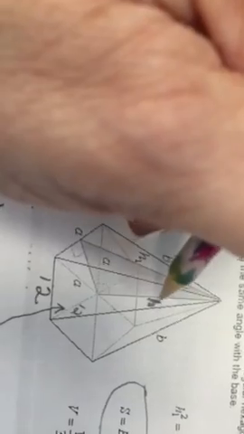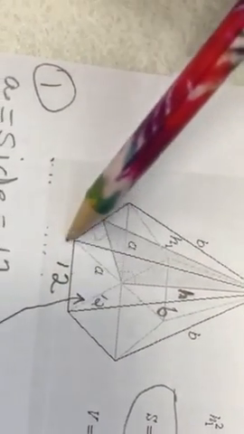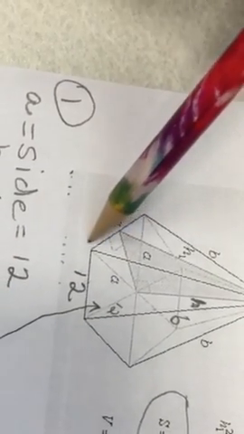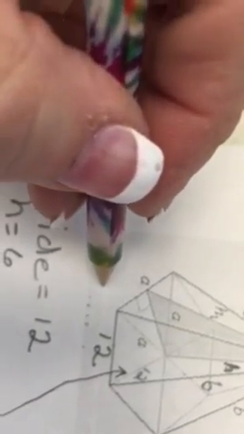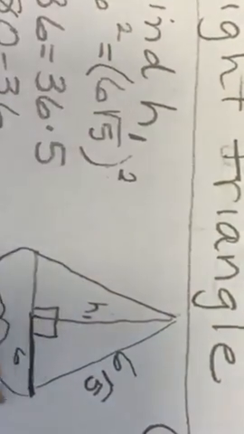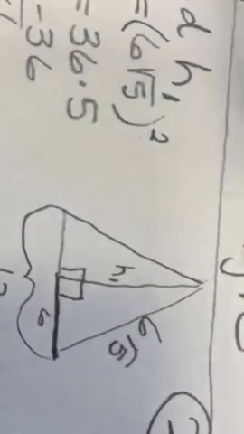All right, so now we have this piece right here. We have b, and we know that this is 12, so half of that's going to be 6. In other words, this is another triangle, and that edge was 6 square root of 5.